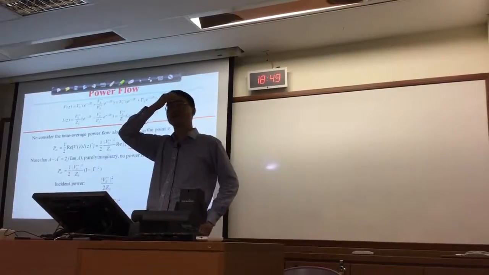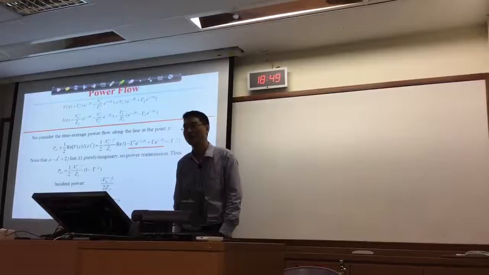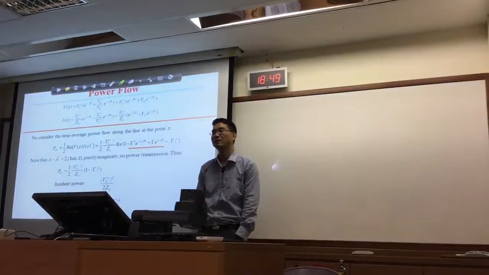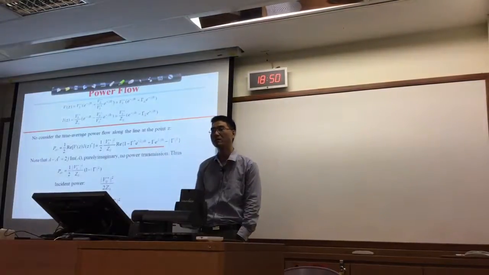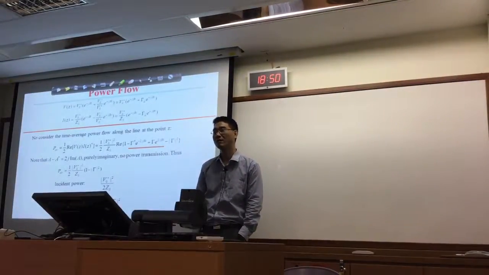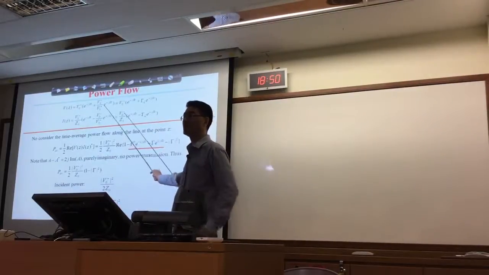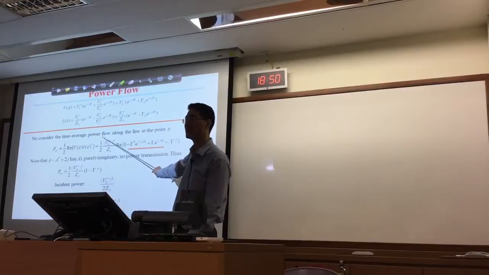Then power flow is also very important. As mentioned, for typical transmission line problems, we need to understand how much power is reflected and how much power is transmitted. It's not just an equation, it is physical understanding.